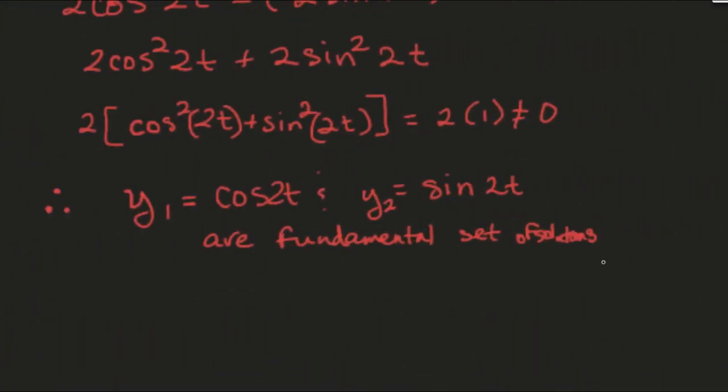So depending on what C1 and C2 you choose, you can combine these to get a general solution like we were solving before. If you remember, we would have C1 cosine 2t plus C2 sine 2t, right?